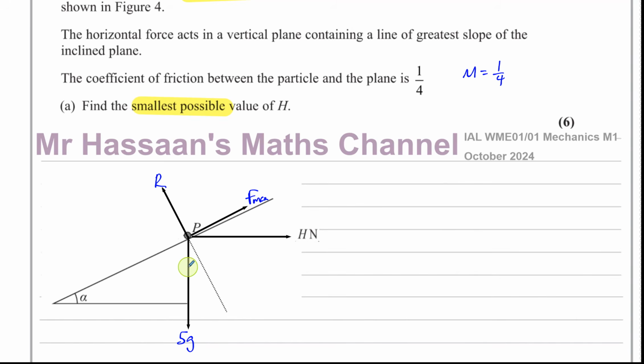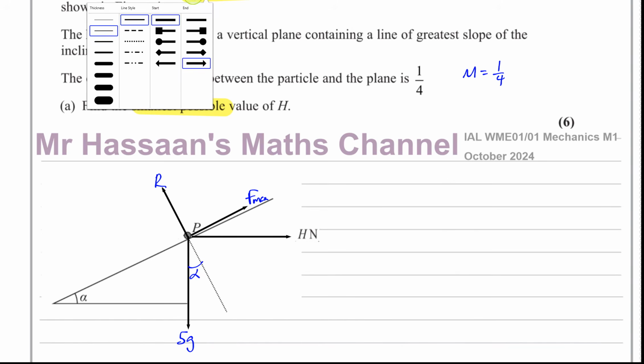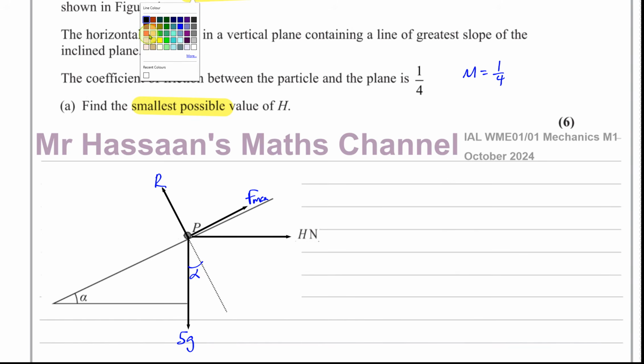So now we have this angle as alpha. I'm going to resolve the 5G newtons going into the angle and going away from the angle, so parallel to the plane and perpendicular to the plane.